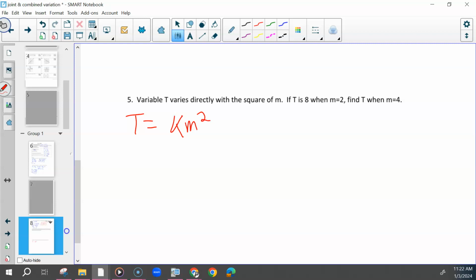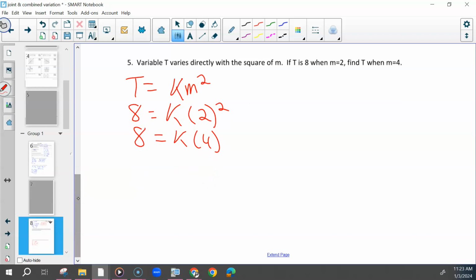It varies directly, so we're multiplying. Then we have if t equals 8 and m equals 2, so put that in and find k. So 8 equals, we don't know k, we know m is 2 squared. So 2 squared would give us 4. And we can divide both sides by 4. So that k equals 2.